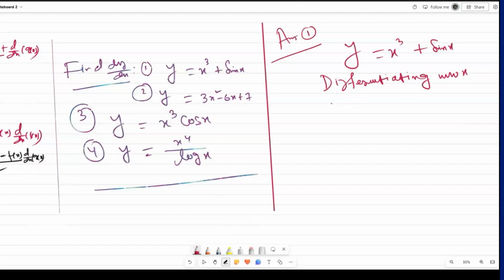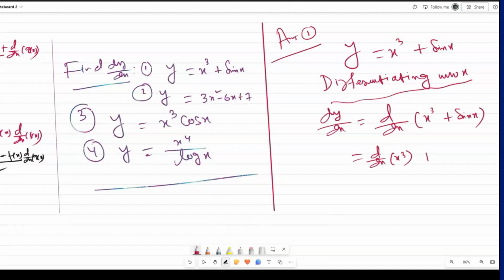We are going to differentiate with respect to x. Left hand side will be dy by dx, nothing else to write there. Right hand side will be d/dx of x cube plus sin x.